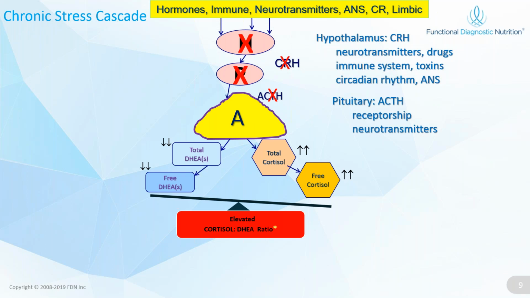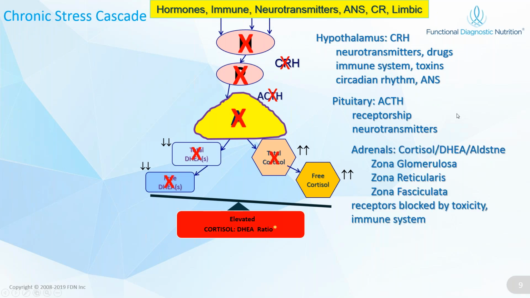Now, what if it was your pituitary, Dr. Al, and it was your ACTH? You're just not getting the good signals to the pituitary, you're not giving good signals from the pituitary. There's receptorship problems, more neurotransmitter problems. What would the symptoms be like there? Same. Same thing. Now, there is the adrenals, but which part?